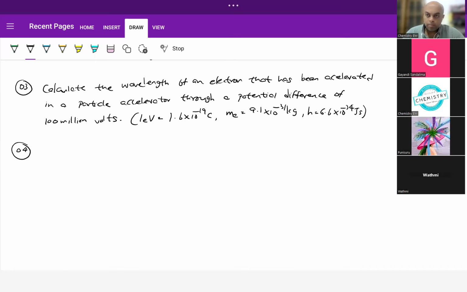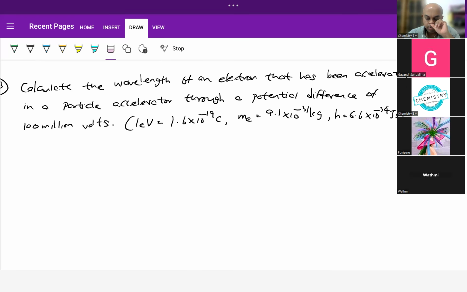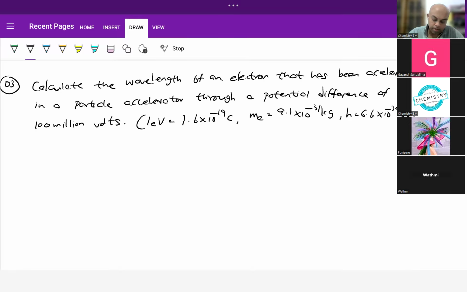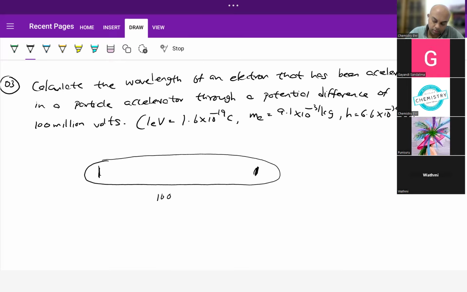Right? Let me explain this question. So we have the particle accelerator, and a voltage of 100 million volts is applied within this particle accelerator. The voltage difference is 100 million volts, right?